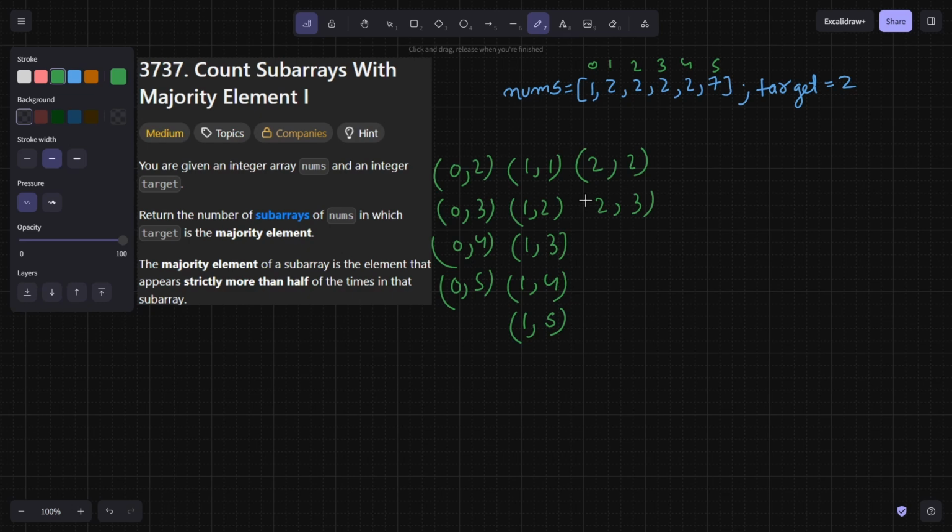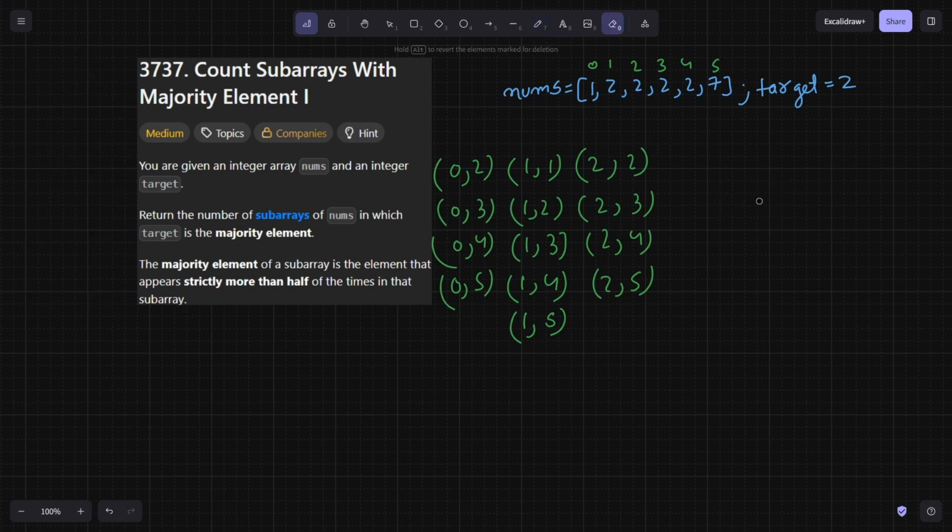2 comma 3 is also one, and so are 2 comma 4 and 2 comma 5, because 2 comma 5 contains 3 targets and the total number is 4, so 4 by 2 is 2, which is less than 3.